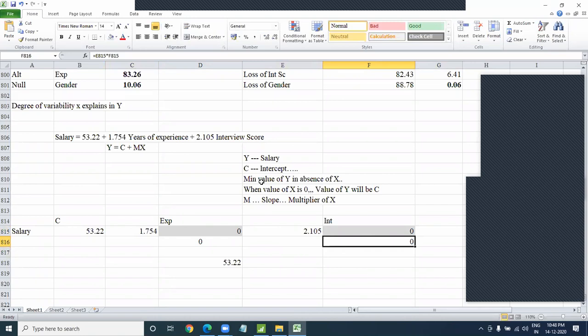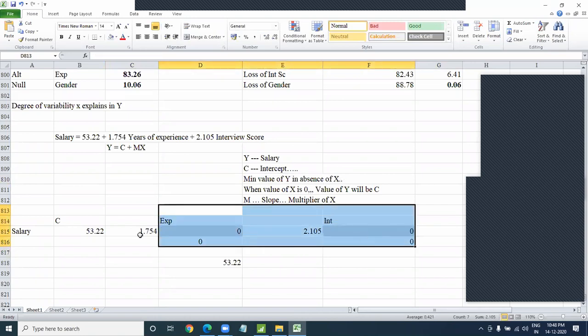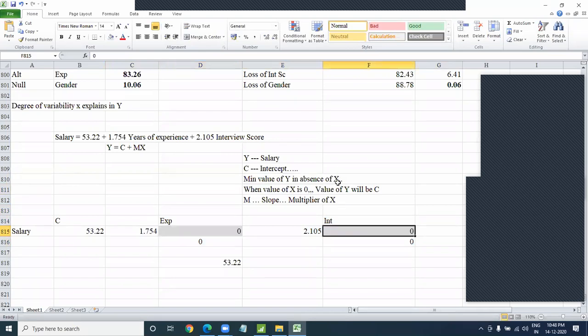So that's the minimum value of y in the absence of x. When the x's are not present, when the value of x is 0, the value of y will be the fixed minimum constant value, which is this. This is the bare minimum value of y.